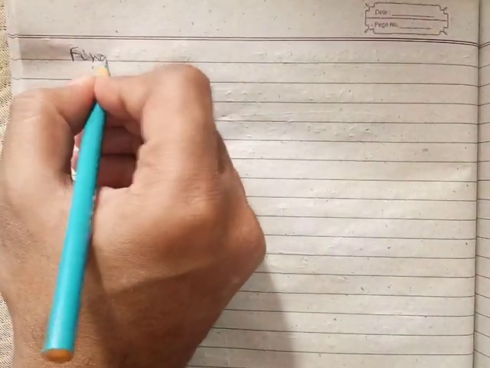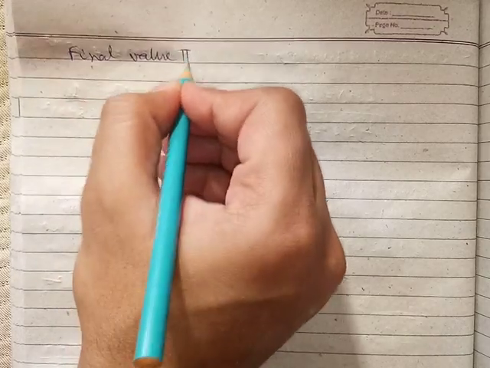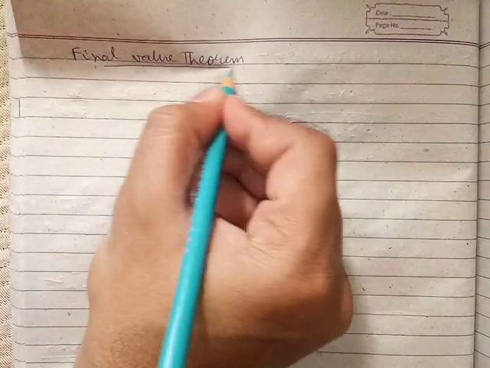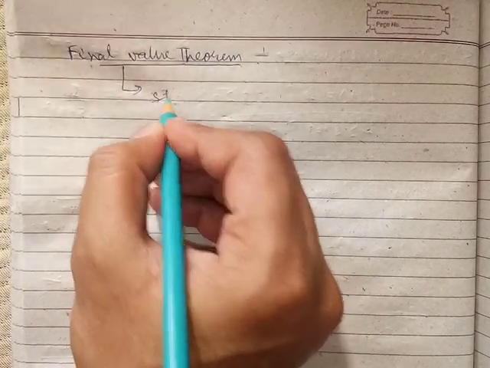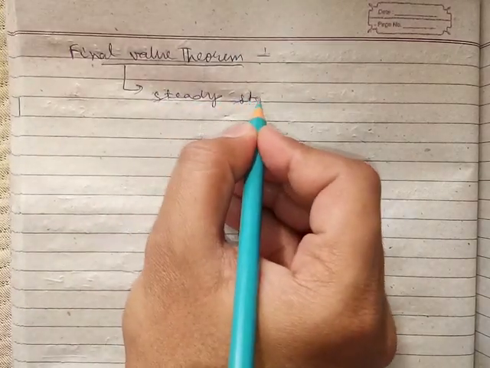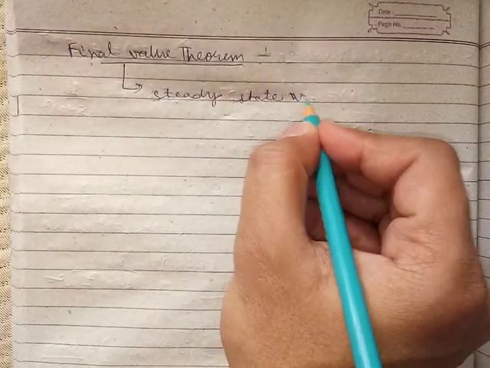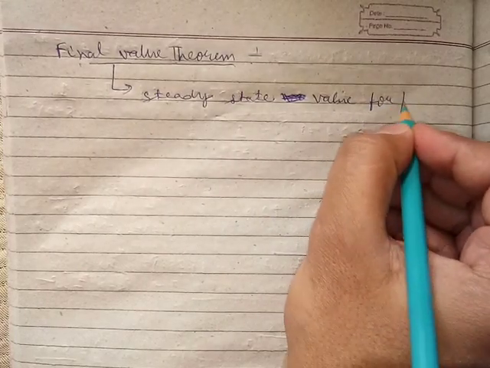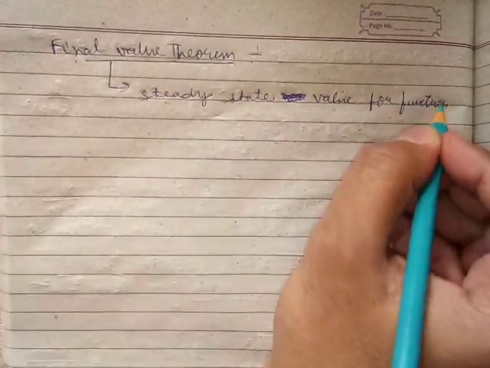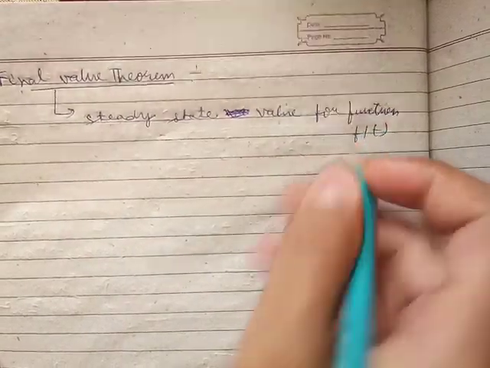Now we have the final value theorem. This is a part of some theorems that are there. In the final value theorem, the steady state value for function f of t is determined.